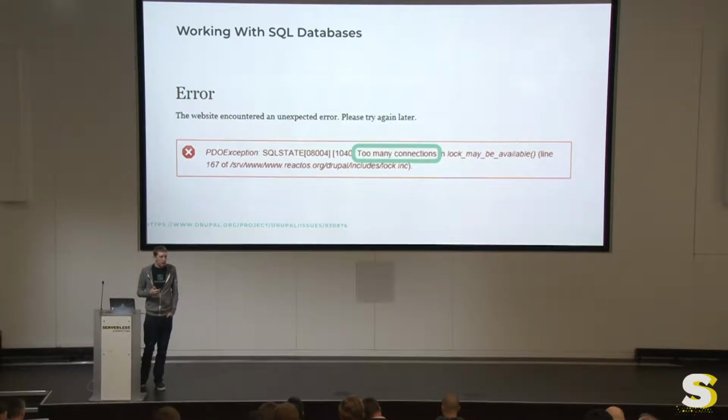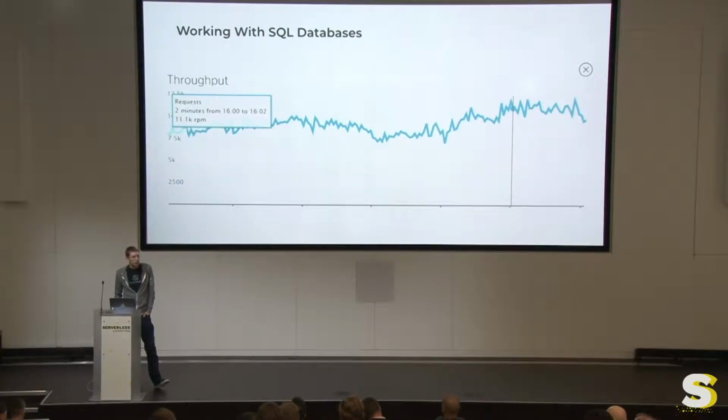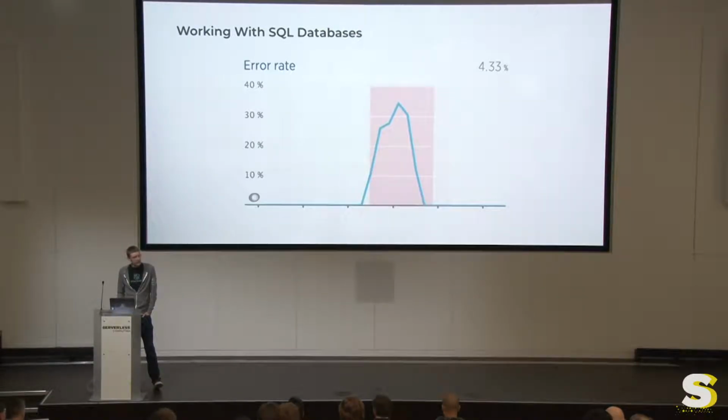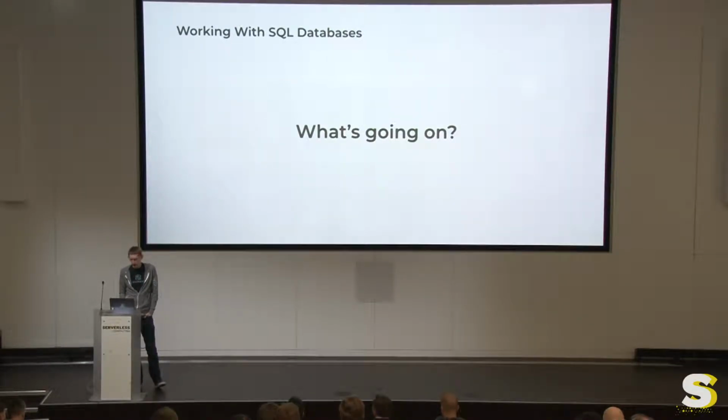And you think to yourself, I'm not really sure how that could be. I'm looking at some graphs and charts. My throughput hasn't changed much in my system. But at the same time, I am seeing these errors spiking. So, what's happening? What's going on here?